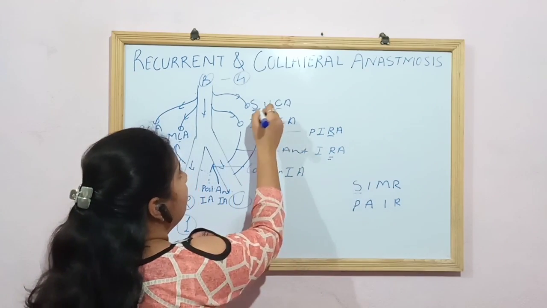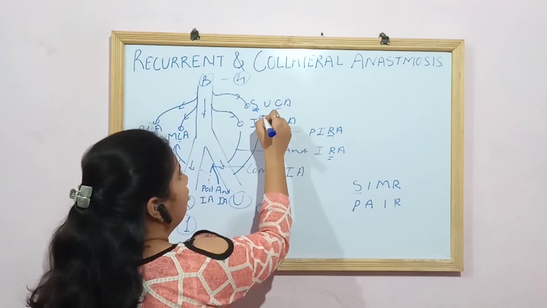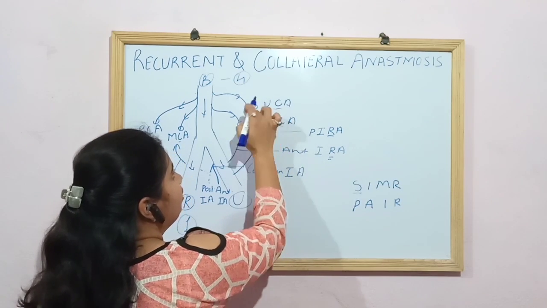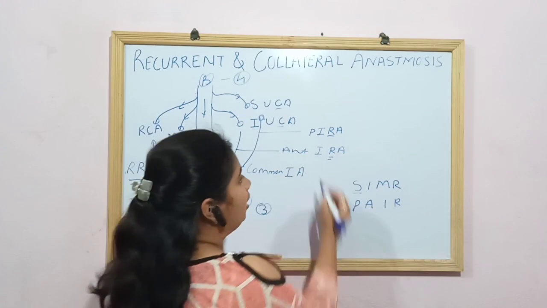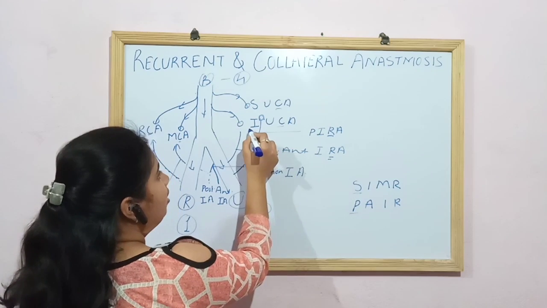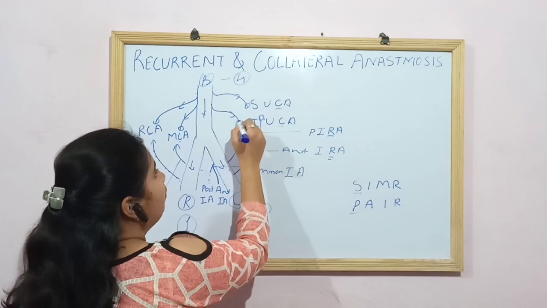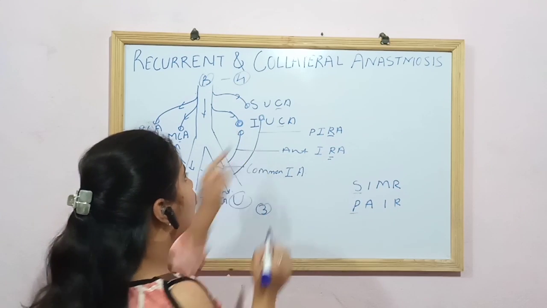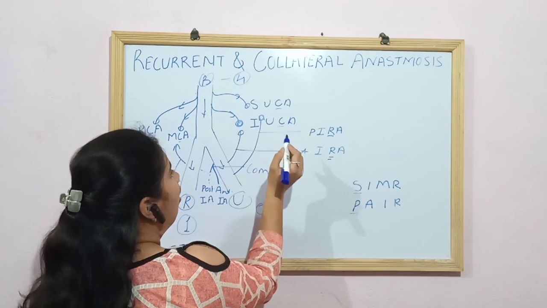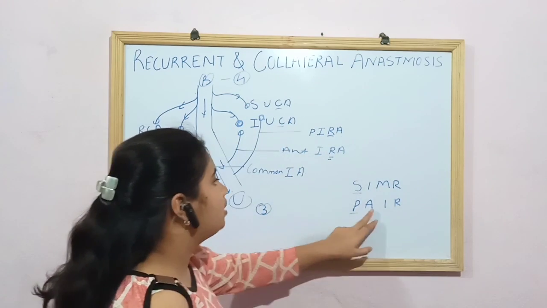The superior ulnar collateral artery is going to anastomose with, look, this one. This artery is going to anastomose with the posterior interosseous recurrent artery. Inferior ulnar collateral artery, that means this one, is going to anastomose with the posterior interosseous recurrent artery.